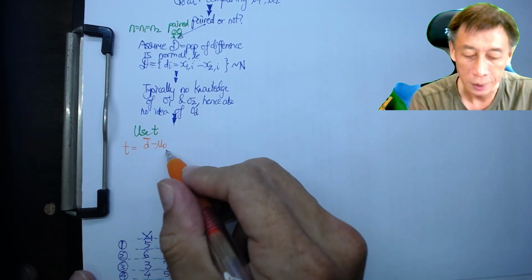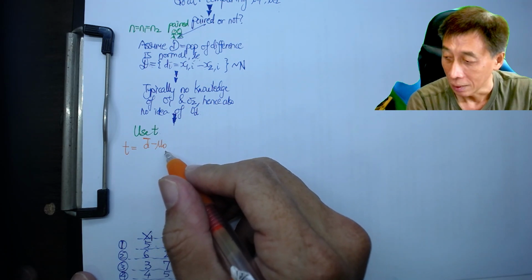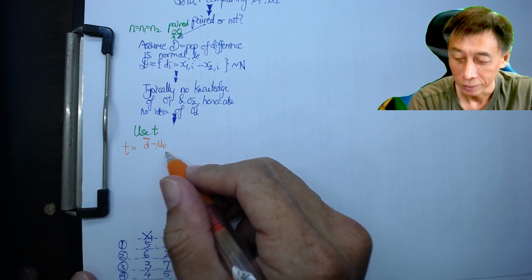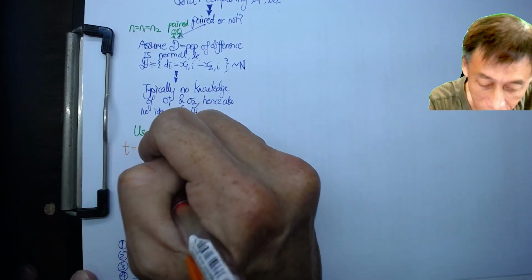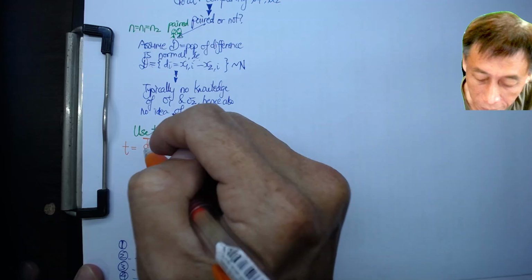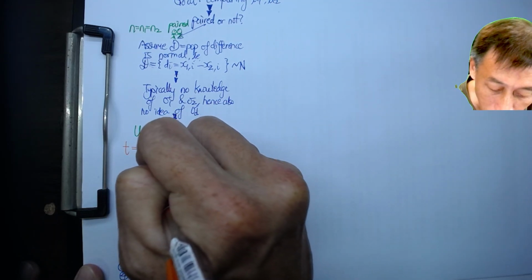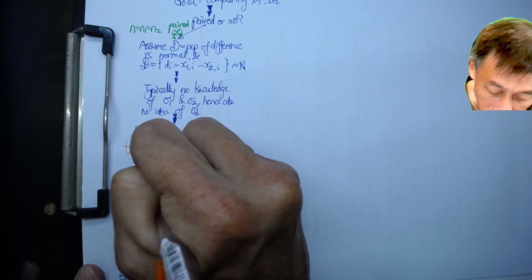Mu zero is the hypothesized mean difference, right? In many cases, it will be 0, but later on I'll talk more about this. But you can see that the format is pretty much the same as a one population means test, because it is.